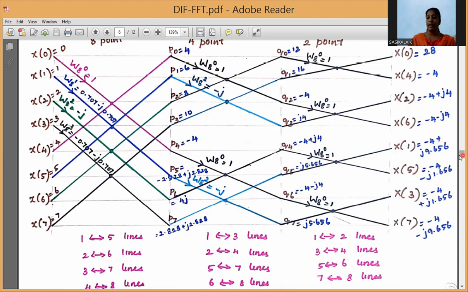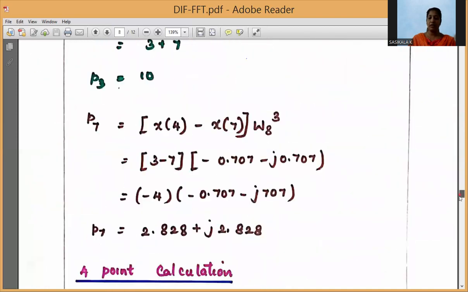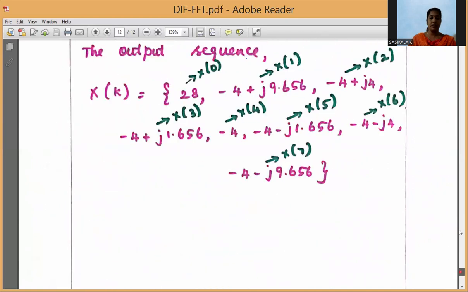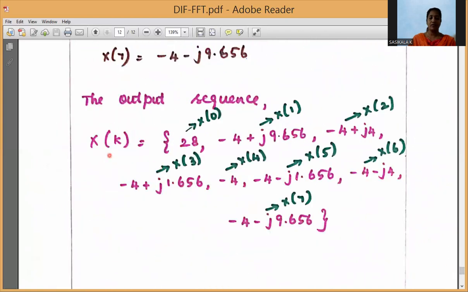Okay, so write 20, comma, minus 4 plus j 9.656, comma, minus 4 plus j4, comma, minus 4 plus j 1.656, comma, minus 4, comma, minus 4 minus j 1.656, comma, minus 4 minus j4, comma, minus 4 minus j 9.656. So you have to conclude like this. So this is the output sequence capital X of k.